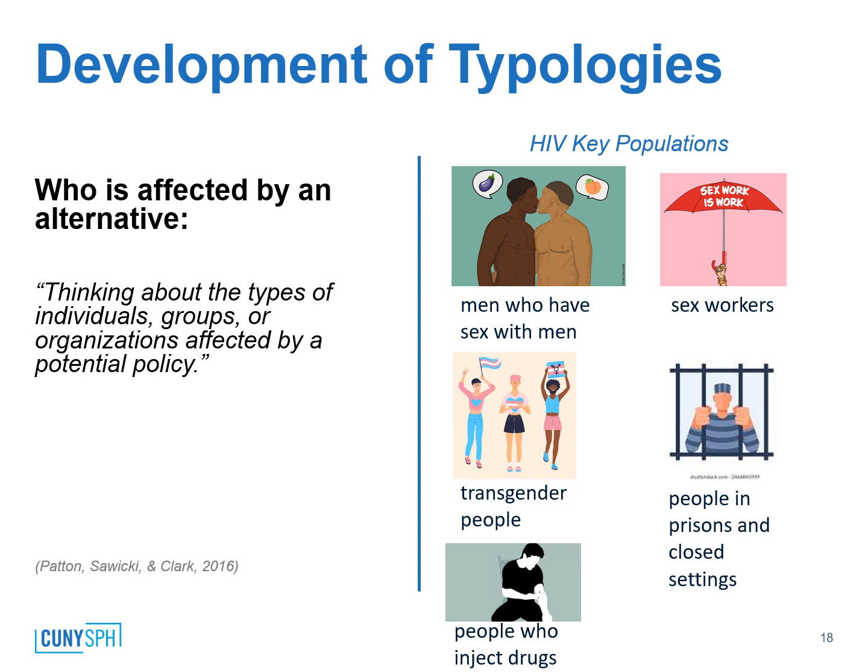For instance, when analyzing HIV prevention policy, we can't ignore the HIV key populations. These are men who have sex with men, sex workers, transgender people, people who inject drugs, and people in prisons and closed settings. So when developing typologies about these groups, analysts can identify coverage gaps.